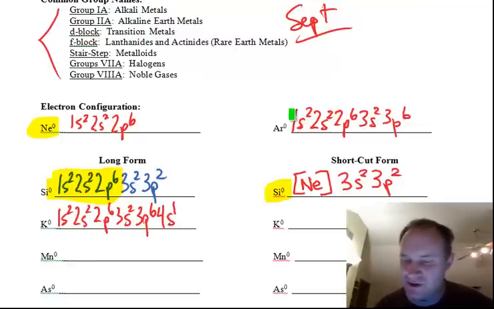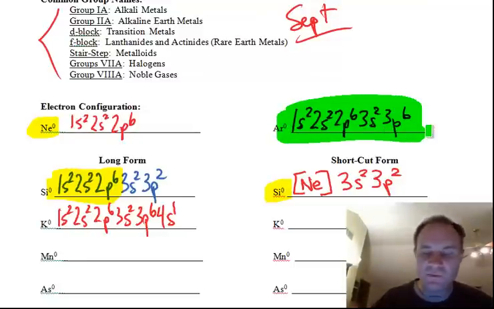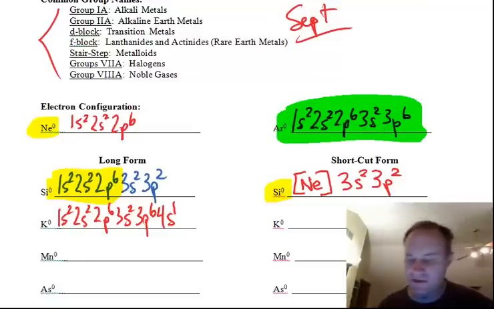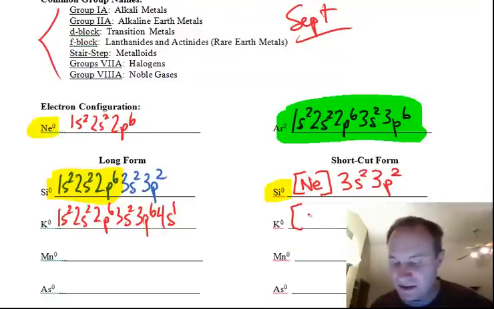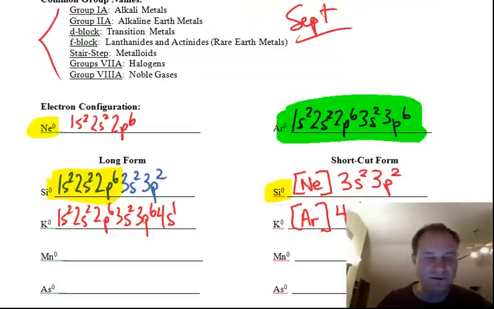Well, that's actually all of argon plus a 4s1. So, not surprisingly, potassium would be argon, all of the electrons of argon, and 4s1. Okay? So, please take a moment and see if you can crank out these two additional examples here.